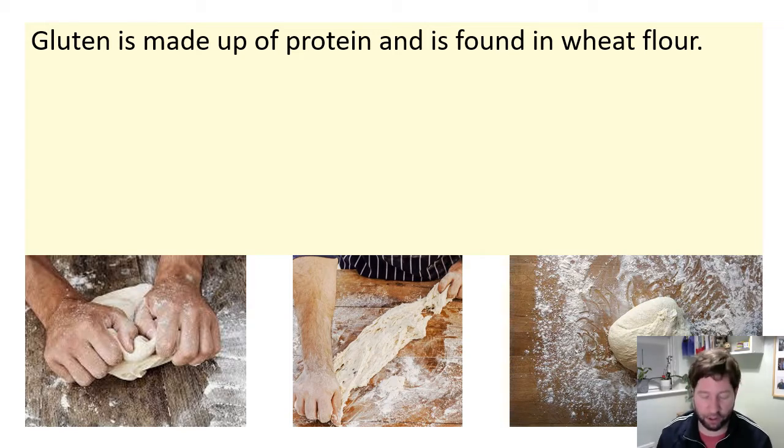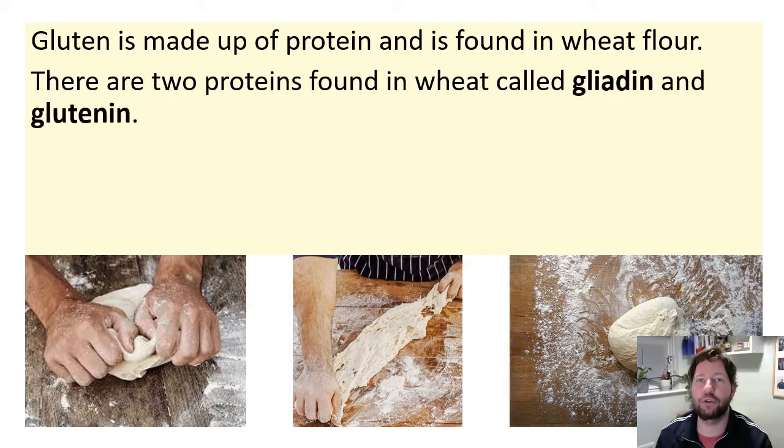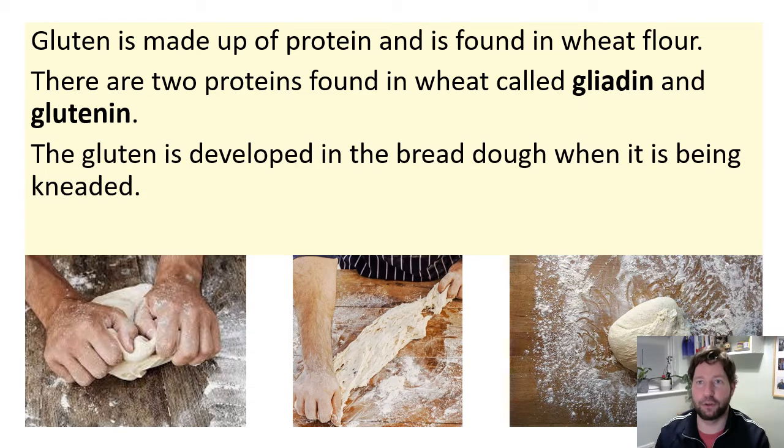It's found in the grain of the wheat. And this gluten is split into two proteins known as gliadin and glutenin. So gliadin and glutenin are found in wheat flour, in the molecules of flour, and together they make this protein known as gluten.